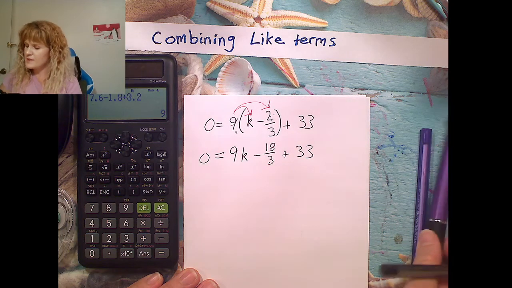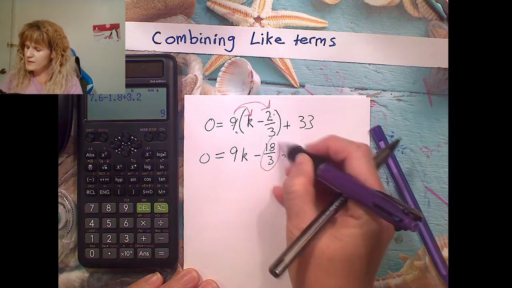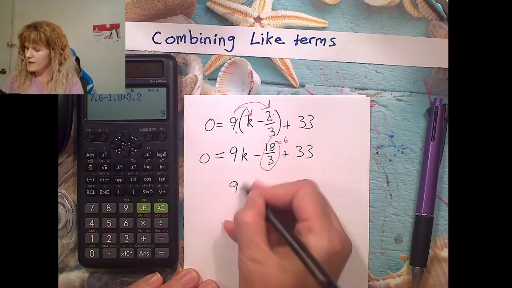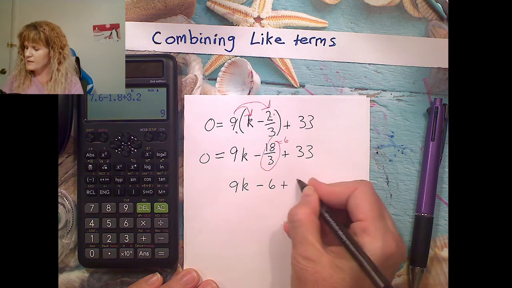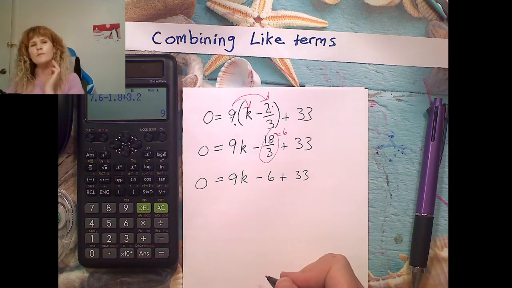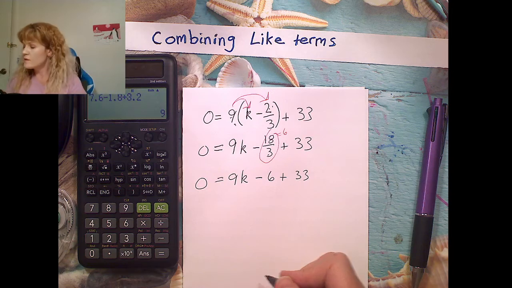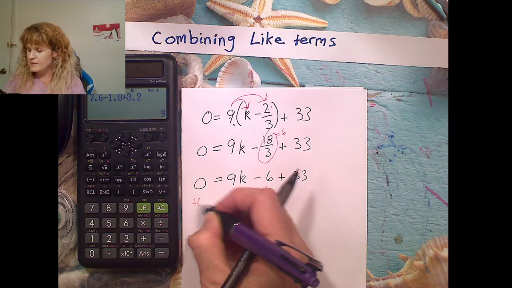So 3 goes into 18 6 times. You know that this reduces to the number 6. So I'll rewrite it. 9k minus 6 plus 33. All of that equals 0. I want to get the k all alone. So I'm going to add 6 to both sides.